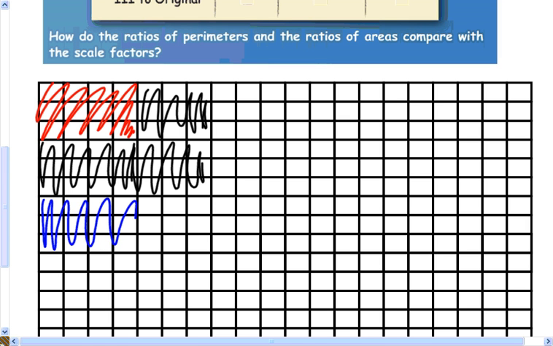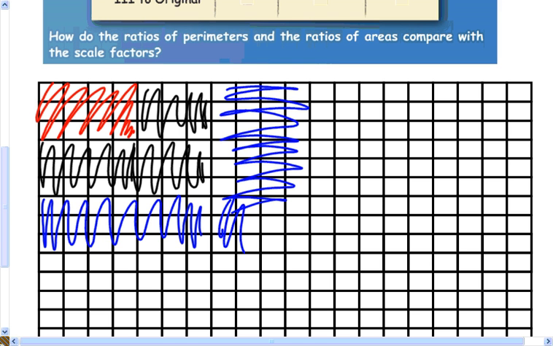My next size is a 9 by 12, so that's that rectangle. And my biggest rectangle is a 12 by 16. So that's this one here.